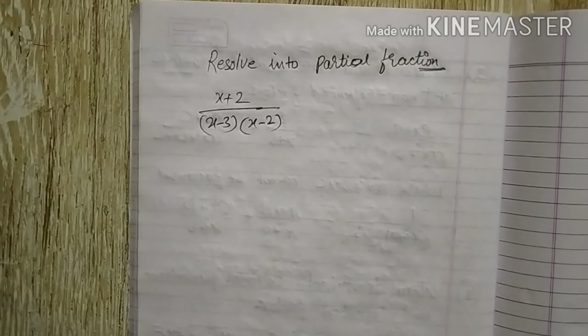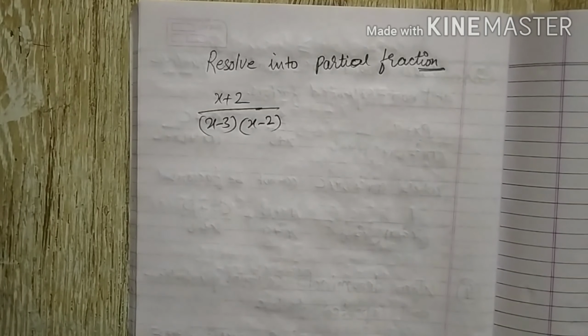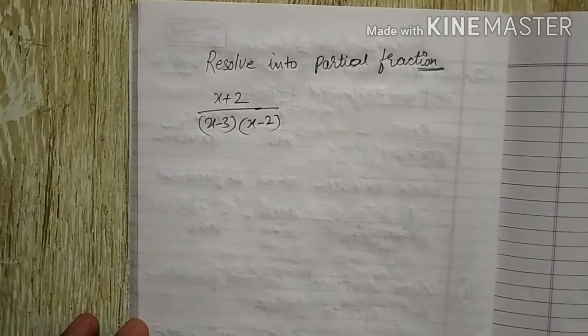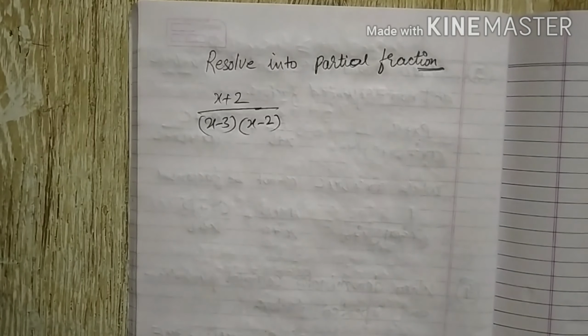I am checking and I see this is a proper fraction, so we can go directly to resolve the rational fraction into partial fractions. Second, we have to check which case applies here. We observe that the denominator contains linear and non-repeated factors, so the first case will be applicable.